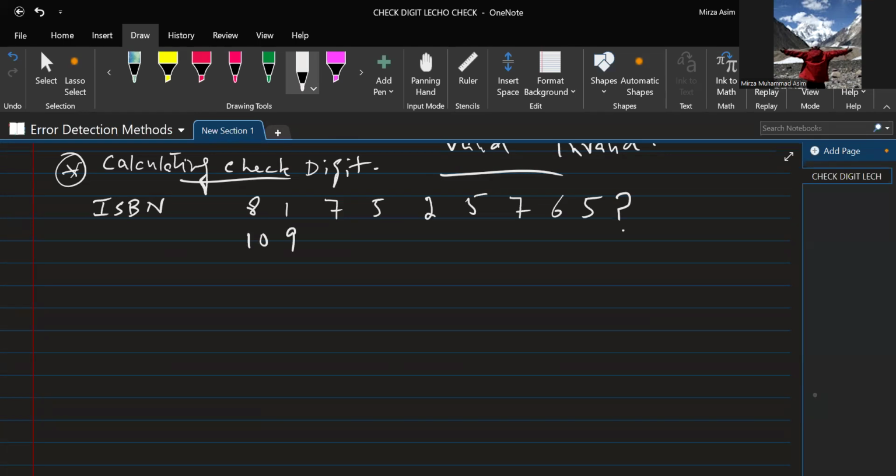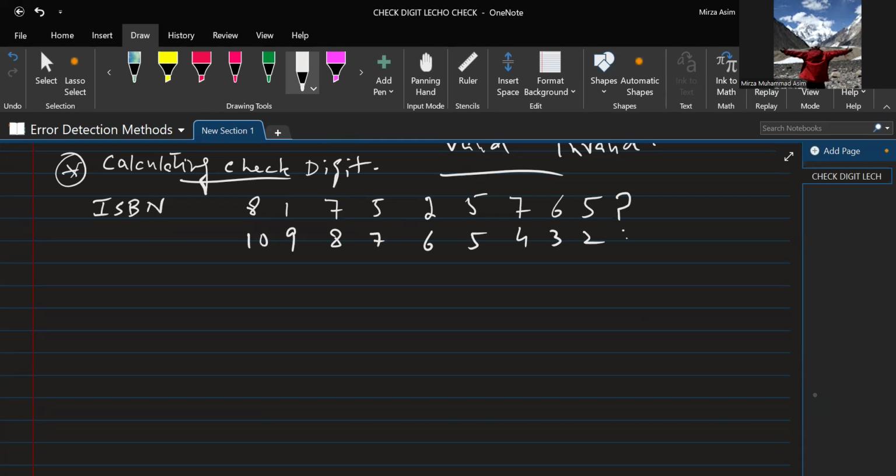We normally start from the left side, but if the examiner wants to play with you, then you have to follow the instructions, right? 8, 7, 6, 5, 4, 3, 2, and this is unknown.